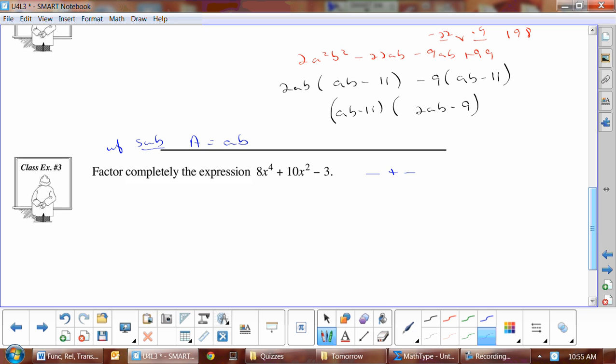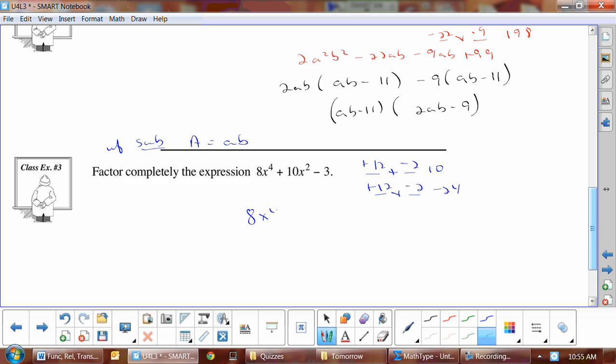So I'm looking for two things that add to give me 10 and multiply to give me negative 24. What would they be? Okay, with signs first would be what? Positive and negative. Good, because positive must win. And what were they? 12 and 2.